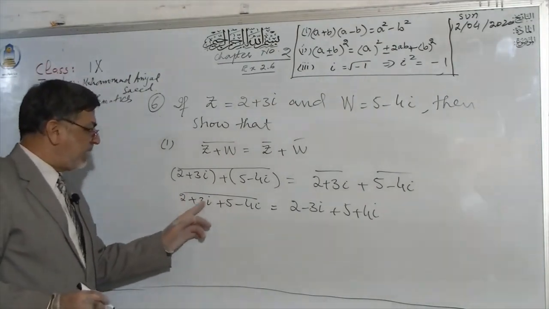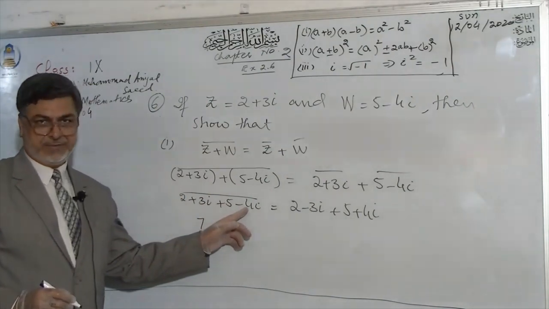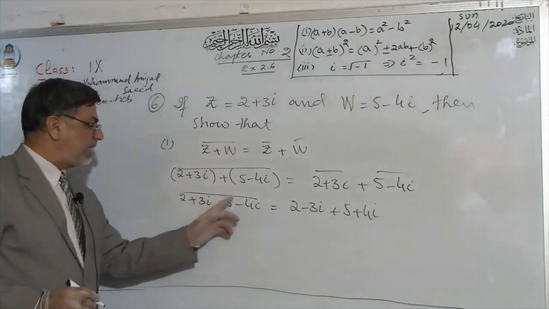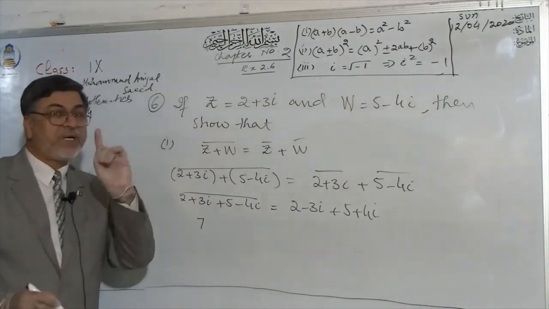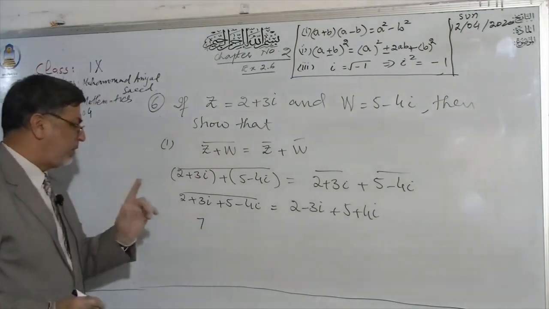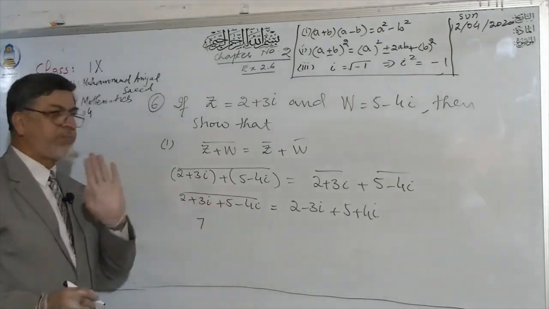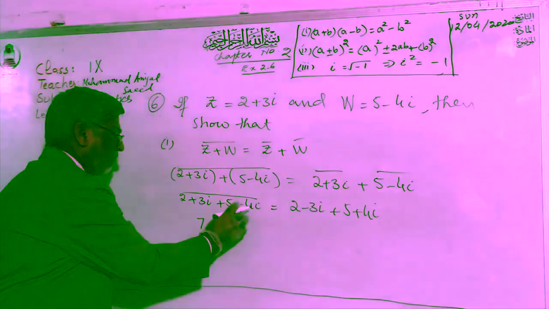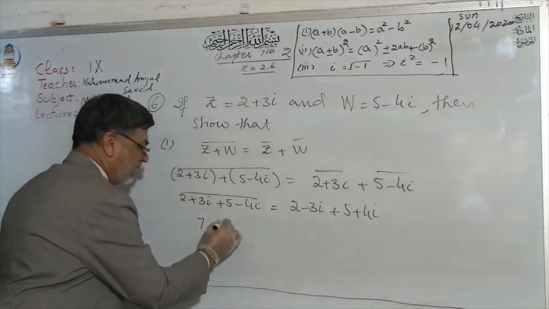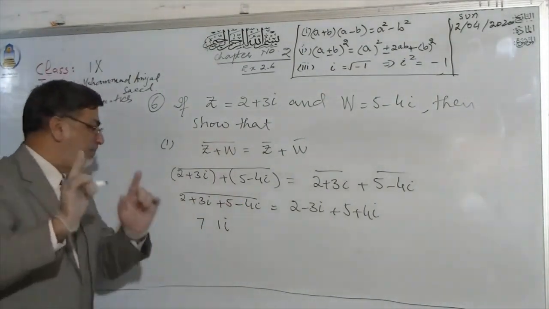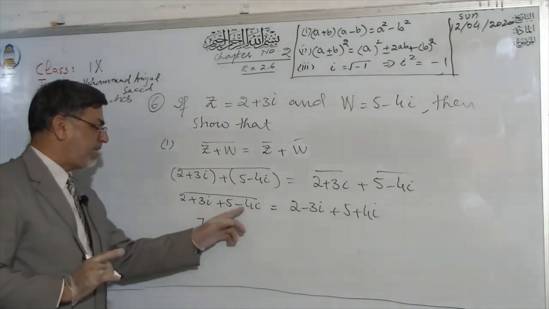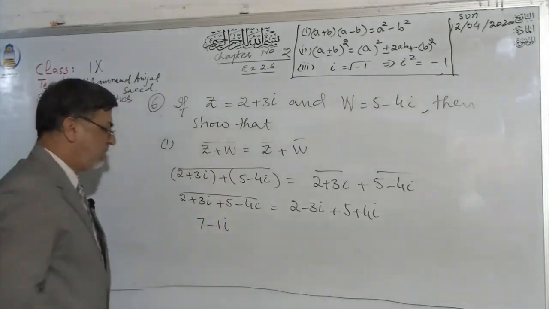So we have plus 3 iota minus 4 iota. They are terms having different signs. And remember, I told you, when you have different signs, you simply subtract. 4 minus 3 is 1 iota, but the sign of the bigger term you will write down. This is the bigger term, and its sign is minus.